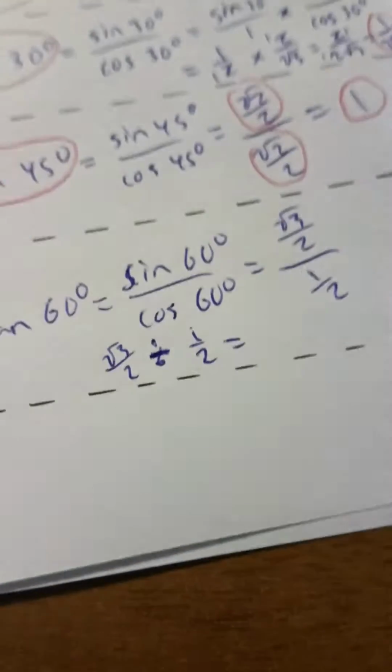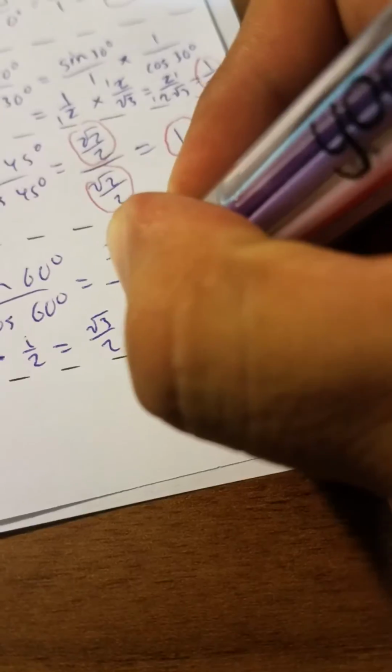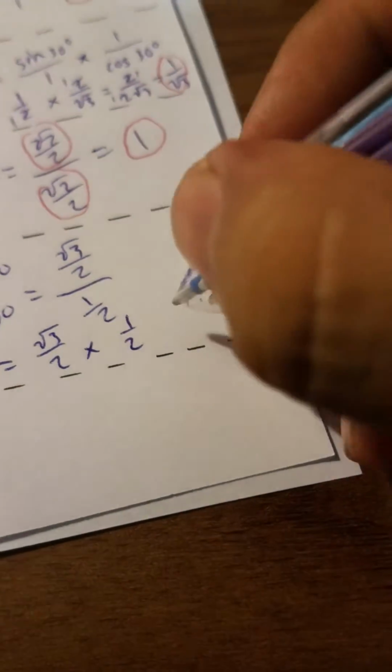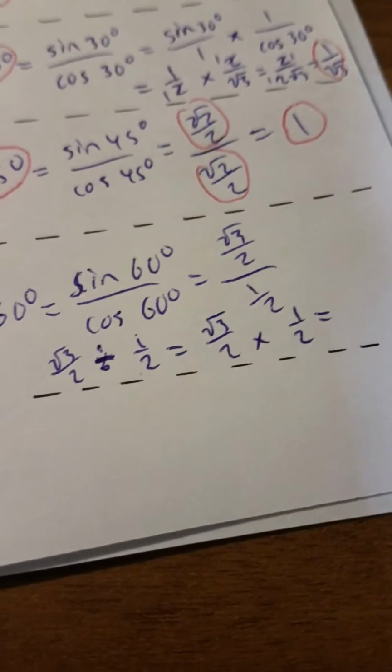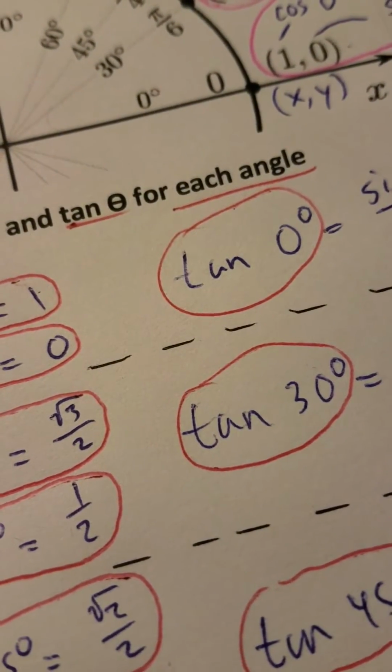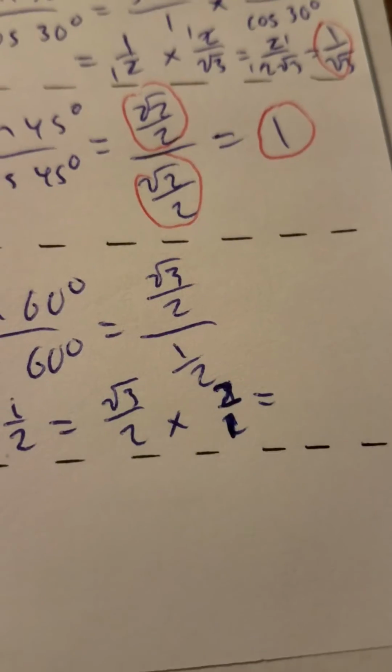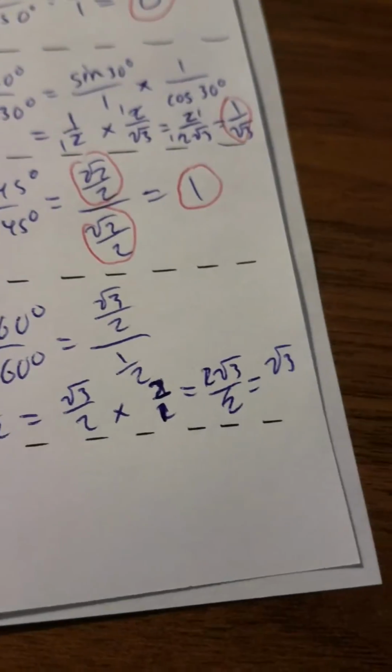Now this goes back to our fraction rules where we keep the first one and multiply by the reciprocal. The reciprocal of 1/2 is 2/1. So then we have 2 times the square root of 3 over 2. The 2's cancel, so the square root of 3 would be your answer for that one.